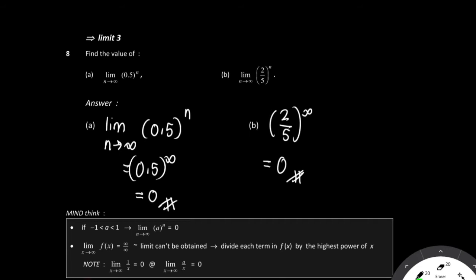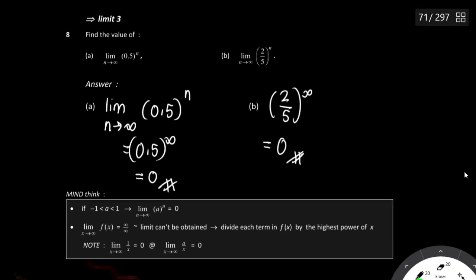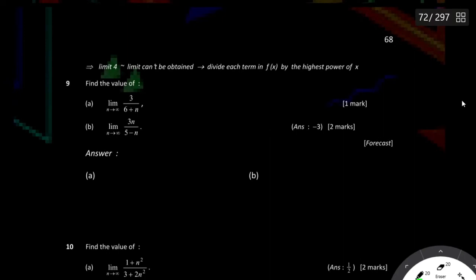Now let's look at the next question. If you substitute and cannot get your limit, for example here, 3 over 6 plus infinity. What is 6 plus infinity? 6 plus infinity will be infinity, isn't it? Because it's a big number. So if 3 divided by infinity, what will it become?